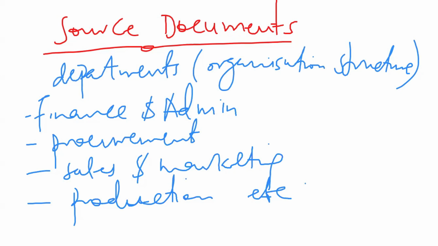There may be other structures. Although here we are not going to study organization structure, I'm trying to bring up the concept. Here we are not going to go through the deep understanding of how the organization is going to be organized, either by function, activity, or whatever.